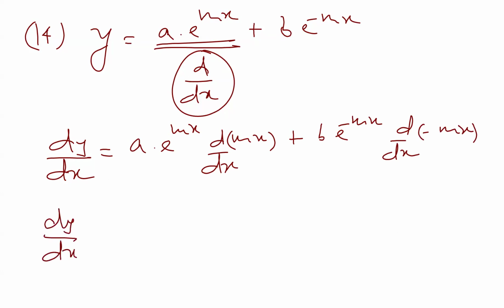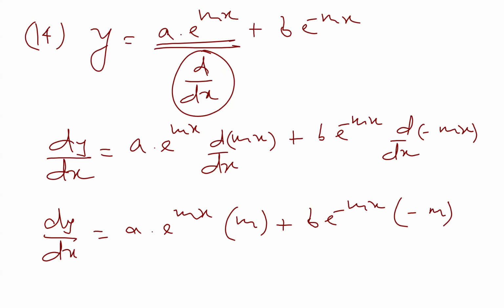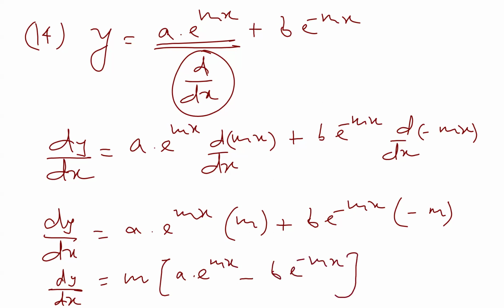So dy by dx is a e raised to mx into m plus b e raised to minus mx into minus m. Take m common. dy by dx is equal to m times a e raised to mx minus b e raised to minus mx. How did this become minus? The plus and minus over here will give you minus. So this is dy by dx.